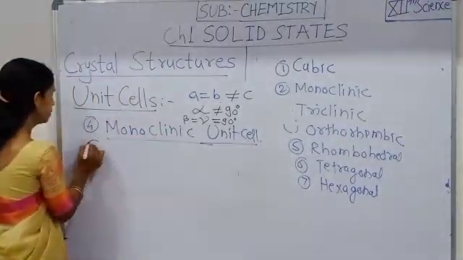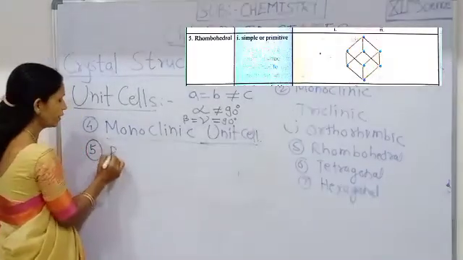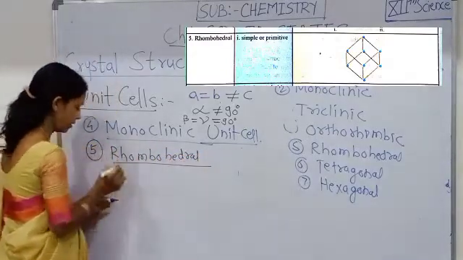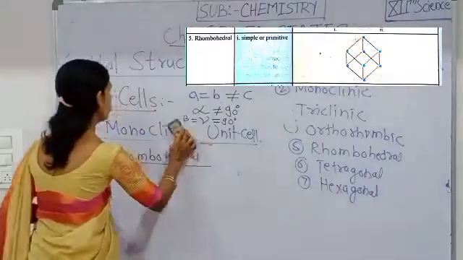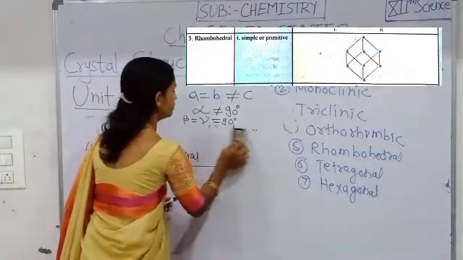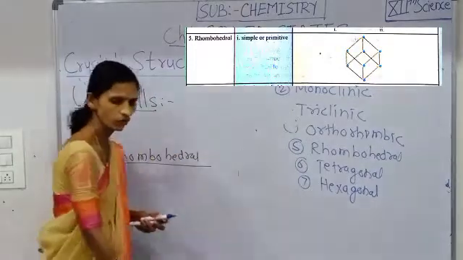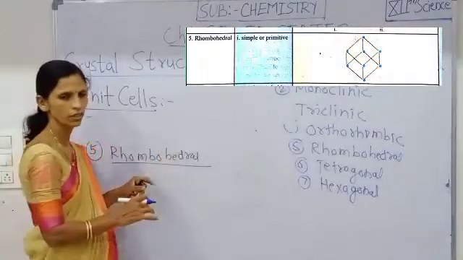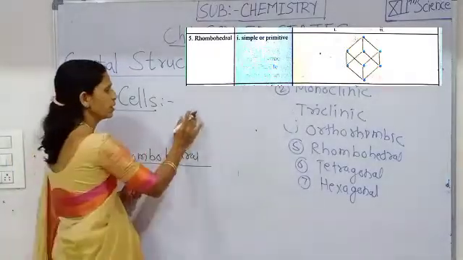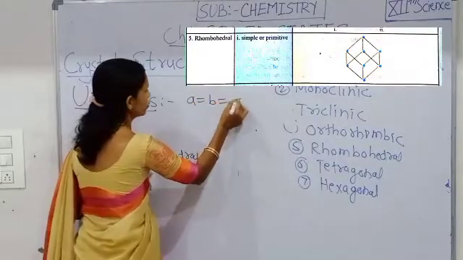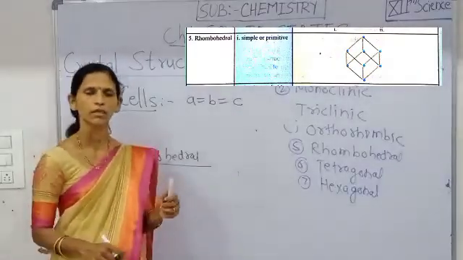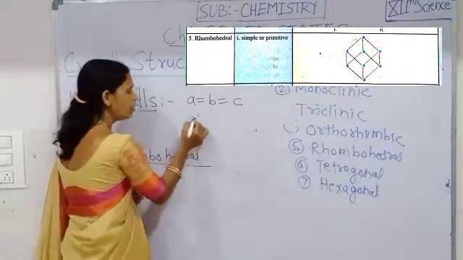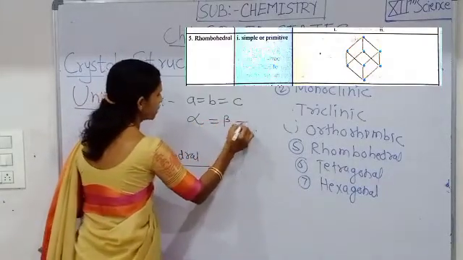Then fifth one, that is the rhombohedral unit cell. See here, in the rhombohedral type of unit cell, the conditions of edge length and angle made by those edges are given here. That is, A is equal to B is equal to C. That means all three types of edges are of the same length, and alpha is equal to beta is equal to gamma.